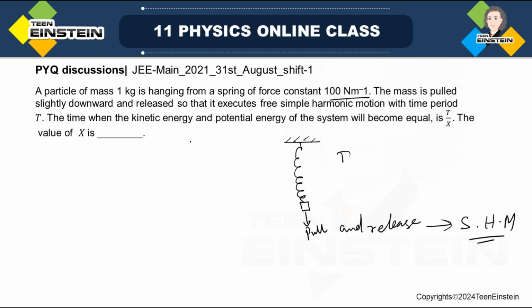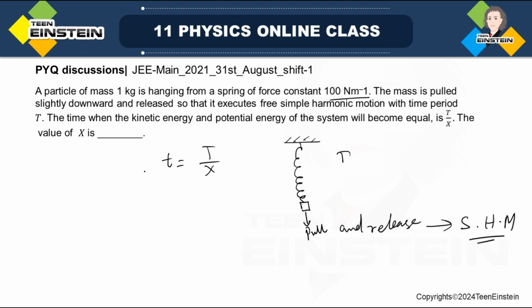That means small t is equal to T by x. At this time the kinetic energy and the potential energy of this spring, which is oscillating in simple harmonic motion, will be equal. So what is this x?